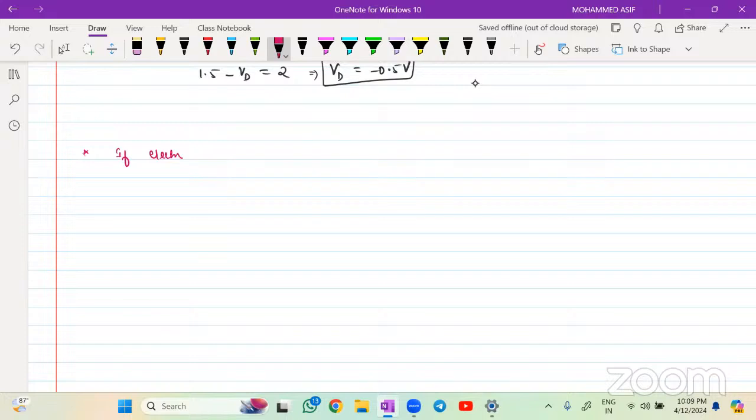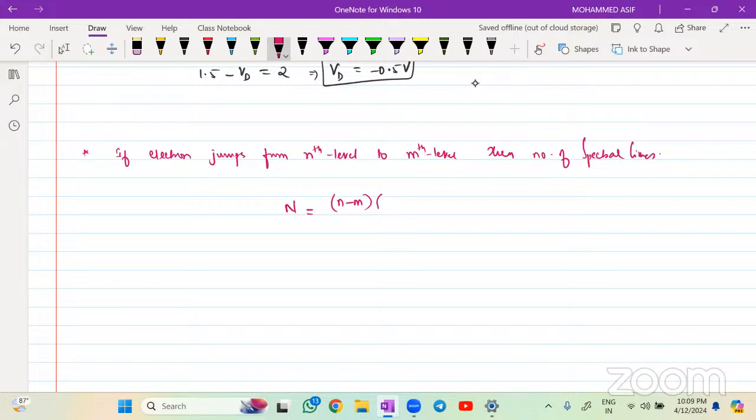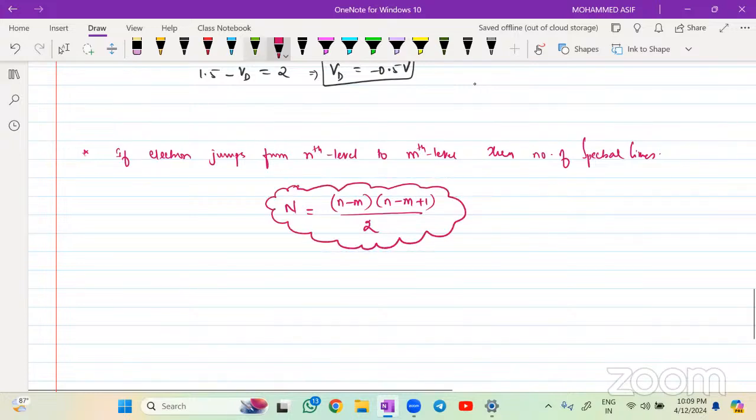If an electron jumps from nth level to mth level, then the number of spectral lines emitted is capital N equals (n minus m) into (n minus m plus 1) divided by 2. This is the basic form. I hope you remember this one, isn't it?